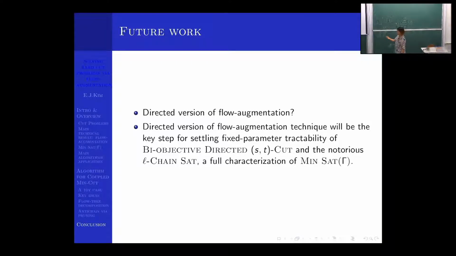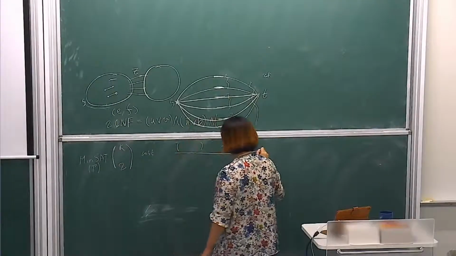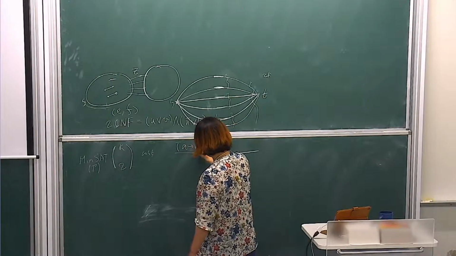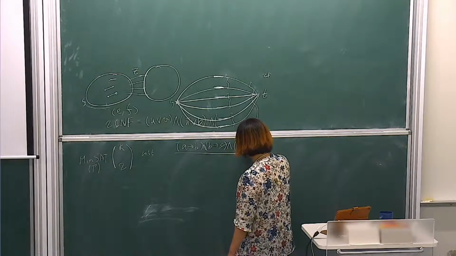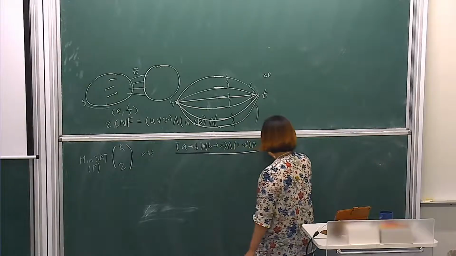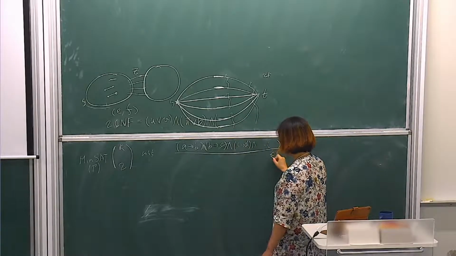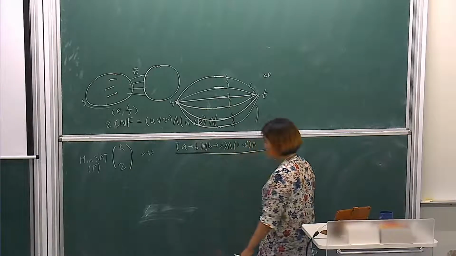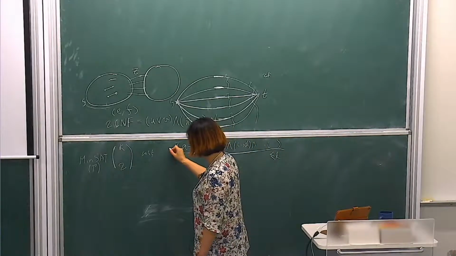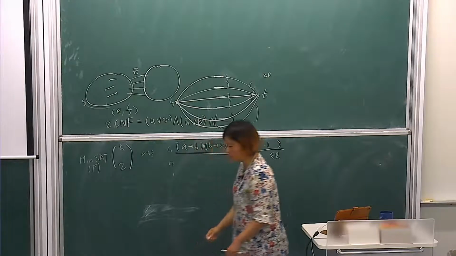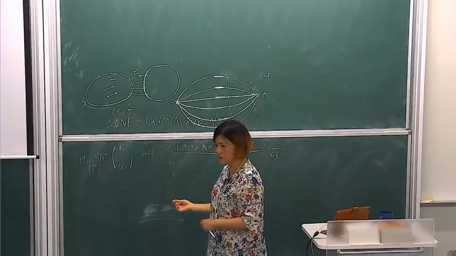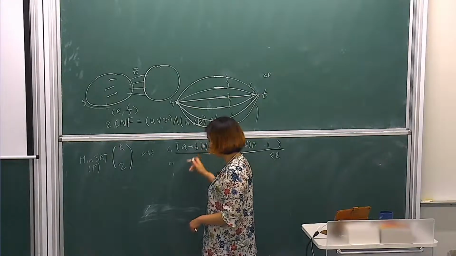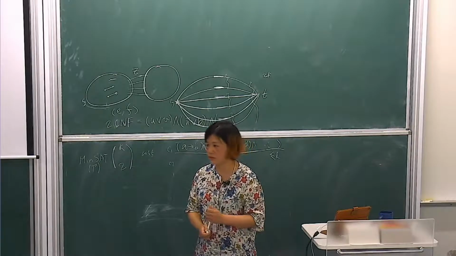Here it's also a constraint satisfaction problem where each constraint looks like this. So A implies B, B implies C, C implies D, and the length is at most L. So each constraint looks like this, and so this is constraint 1, constraint 2, and so on, and we want to have a Boolean assignment on the variables so that at most K constraints are unsatisfied.